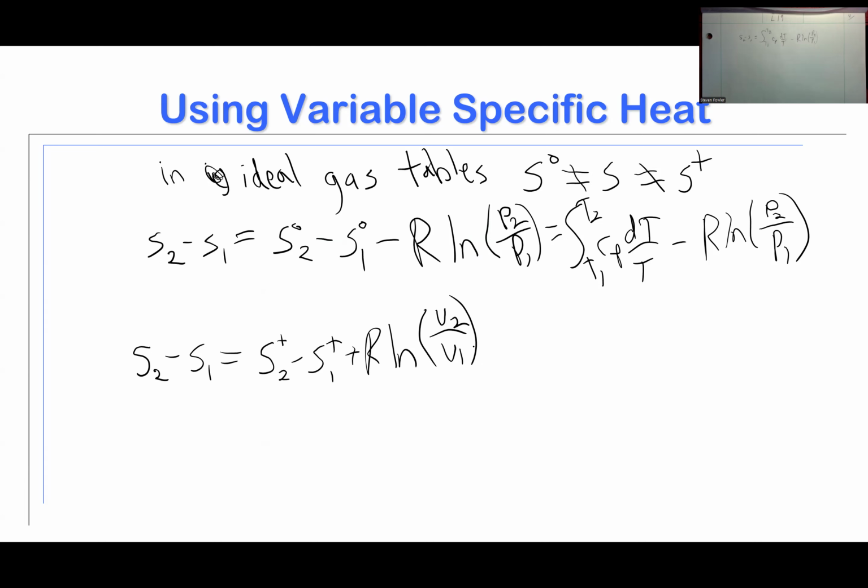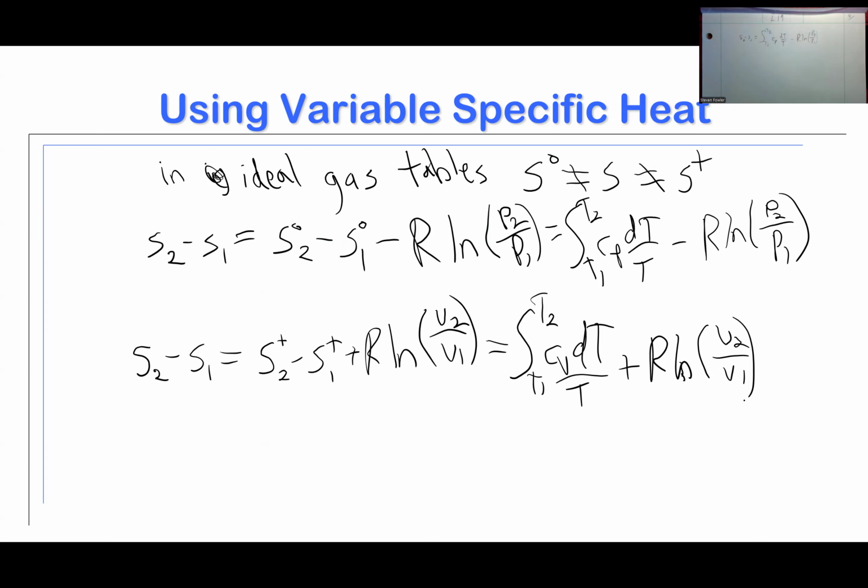Those are specific volumes. This is the other version of the Gibbs equation, right? This version has the integral from T1 to T2 of C sub V dT over T, and plus the R ln V2 over V1.